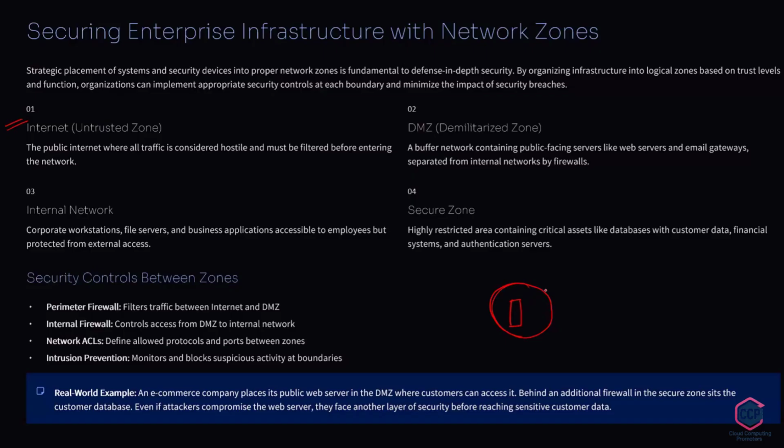Out of this, if you go, it is internet, which is unsecured. Okay, internal network. Within an organization you will have multiple internal networks. Okay, this would be one zone.